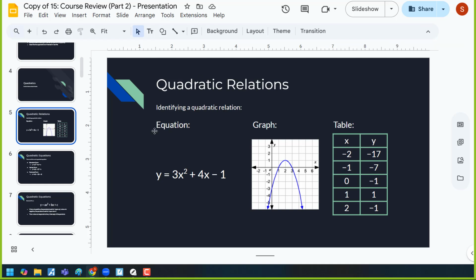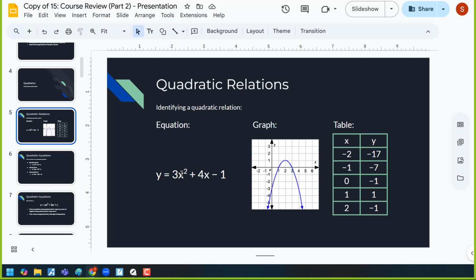Well, one way is to look at the equation and look for the highest exponent on the variable x. In this example, we have 3x squared, so 2 is the highest exponent. This is how you know it's a quadratic relation. If it was any other number than 2, it would not be a quadratic.